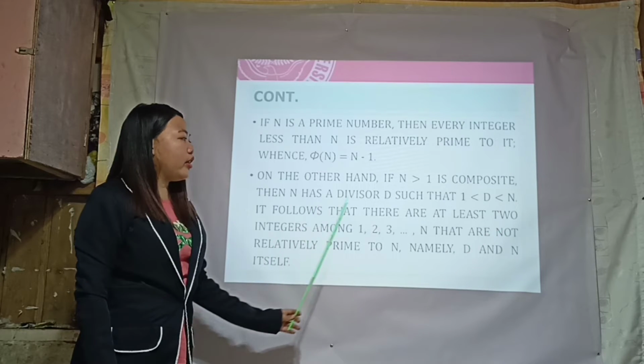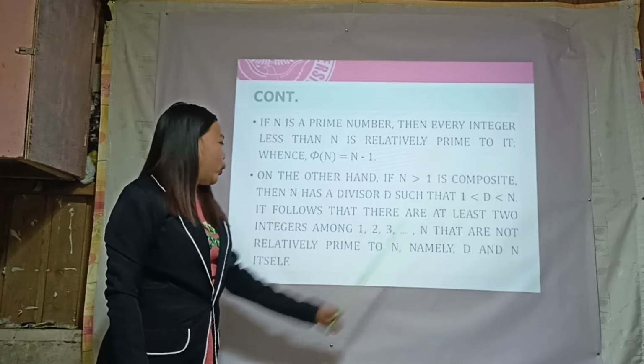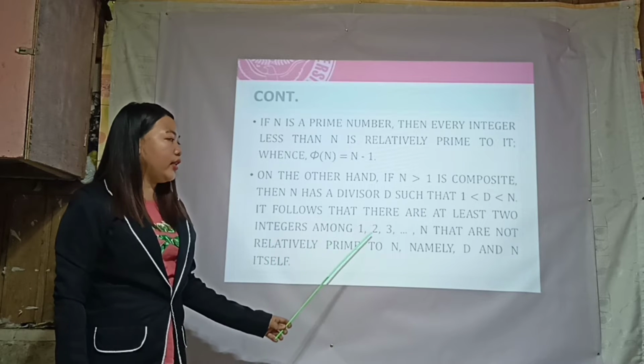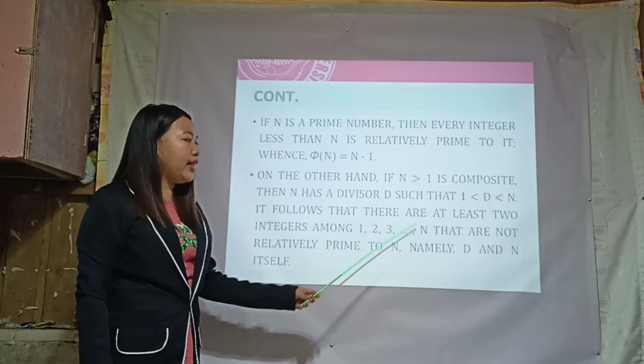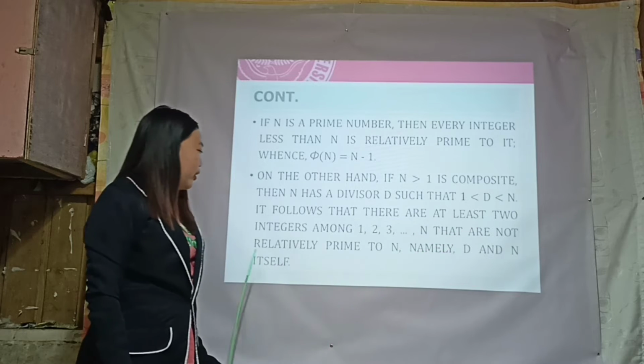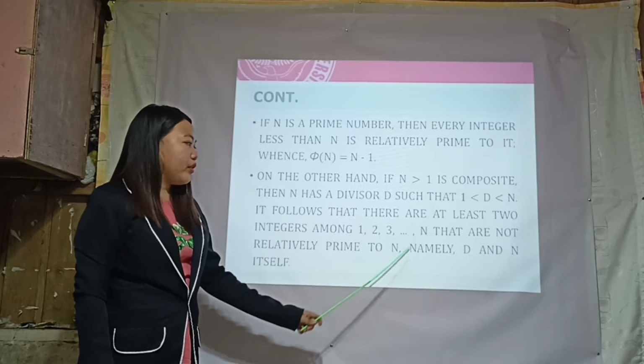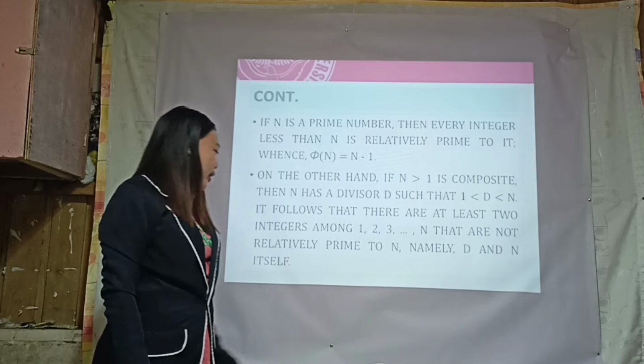It follows that there are at least 2 integers among 1, 2, 3, up to n that are not relatively prime to n, namely d and n itself.